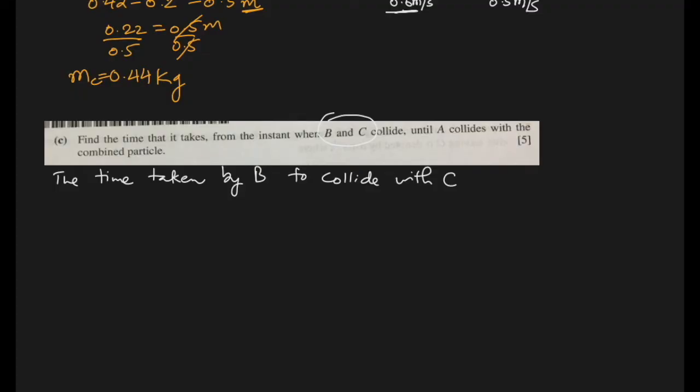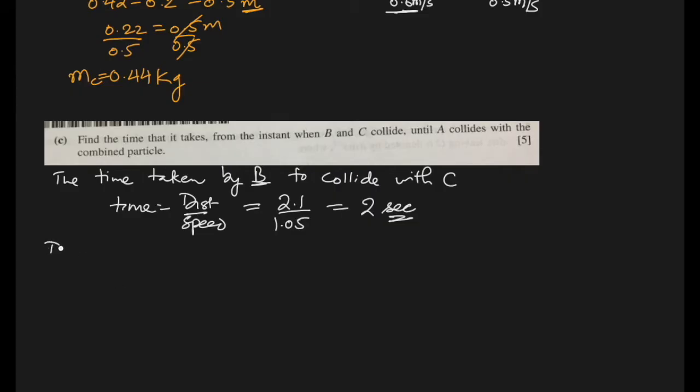Okay, and that's why I'm trying to find that time. So time equal to distance over speed. Distance was 2.1 meters. Speed of B was 1.05, and if I divide it becomes 2 seconds.